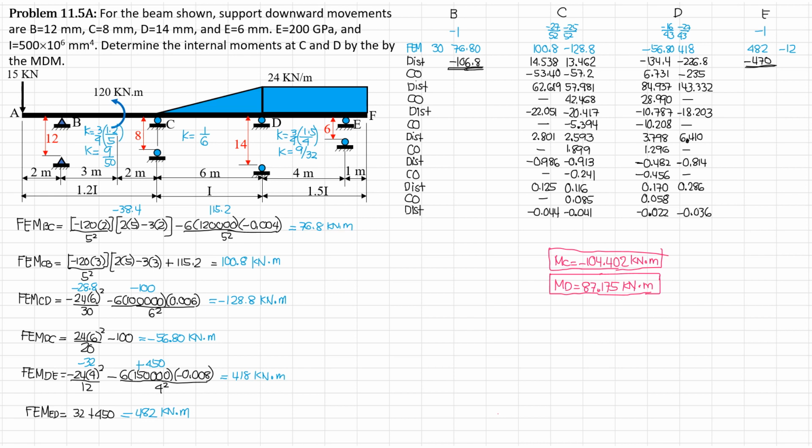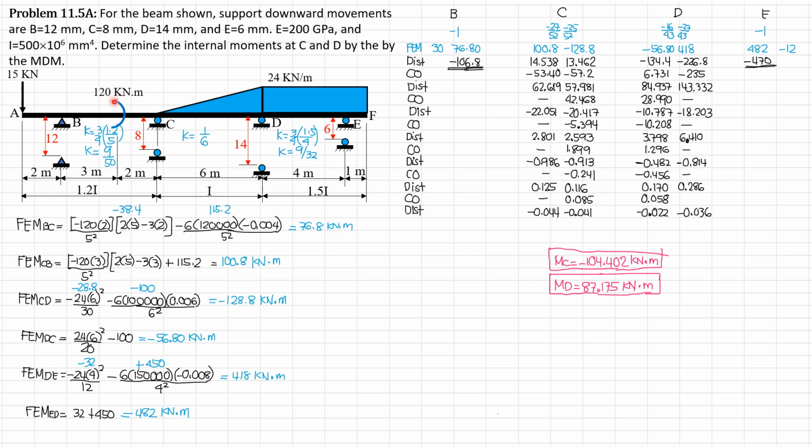Times B, and B is 2 meters here, divided by L square times quantity 2L minus 3 times B. So the value is negative 38.4 kilonewton meter, the fixed moment due to this couple load.